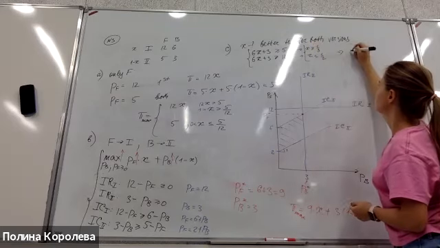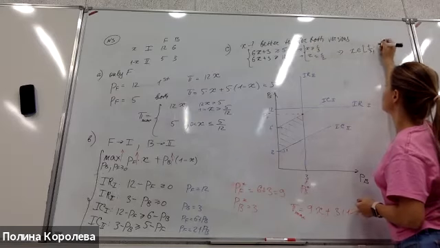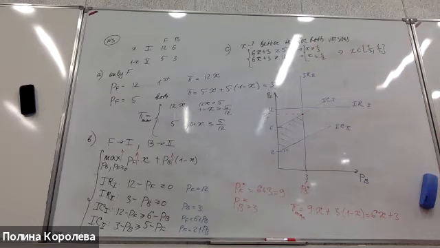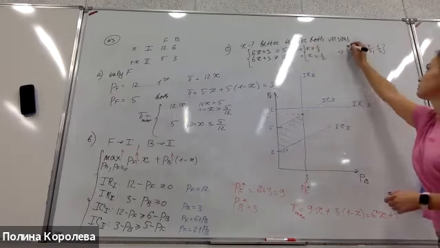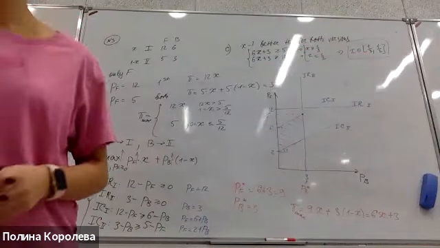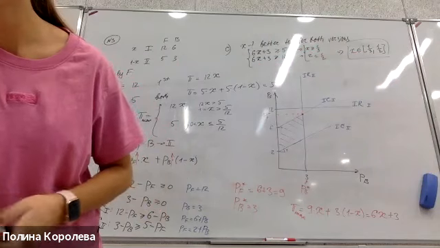So the answer: if x belongs from 1/3 to 1/2, it's better to offer both versions. So that's all. Thank you.